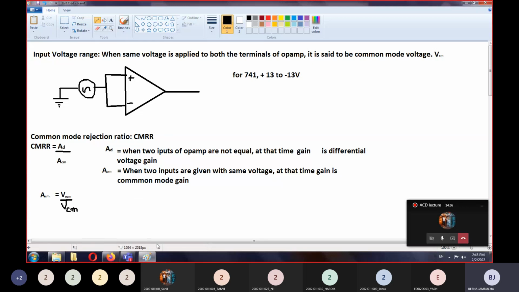Okay. And for 741 this value, in most of the cases we know that gain is written in decibel, right? So CMRR is also considered in decibel, and for 741 this value is about 90 dB.